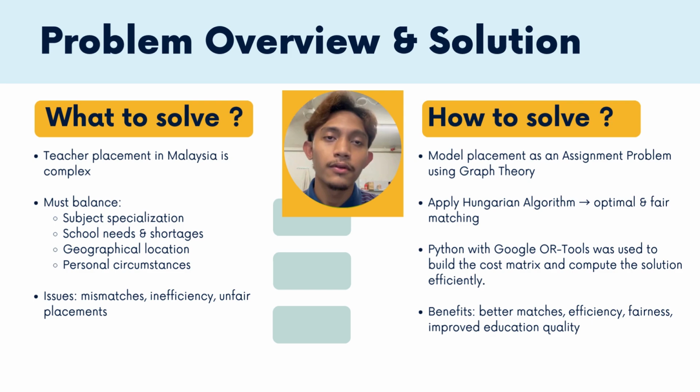How to solve? First, model placement as an assignment problem using graph theory. Second, apply the Hungarian algorithm for optimal and fair matching. Third, Python with Google OR-Tools was used to build the cost matrix and compute the solution efficiently. Last, benefits: better matches, efficiency, improved education quality.